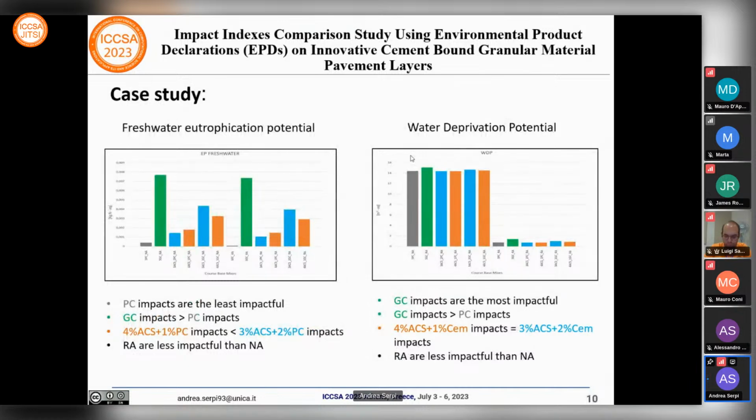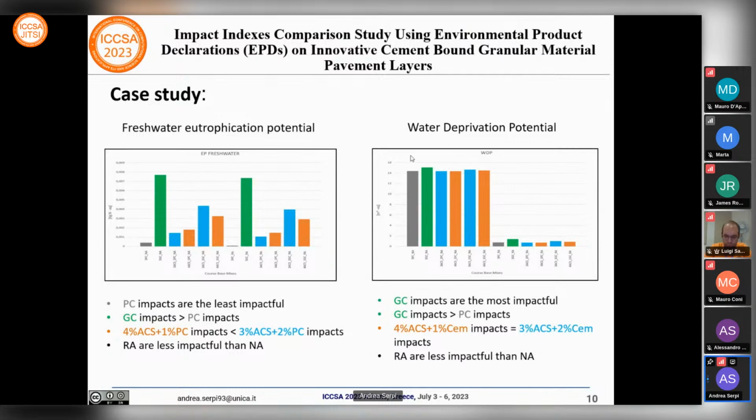For the freshwater eutrophication potential, Portland cement impacts are the least impactful. Green cement impacts are greater than those of the Portland cement. The combination with 4+1 is less impactful than the combination of 3+2, and recycled aggregates are less impactful than natural aggregates.